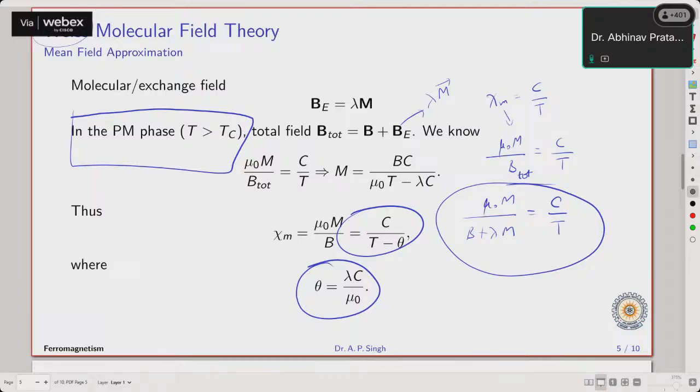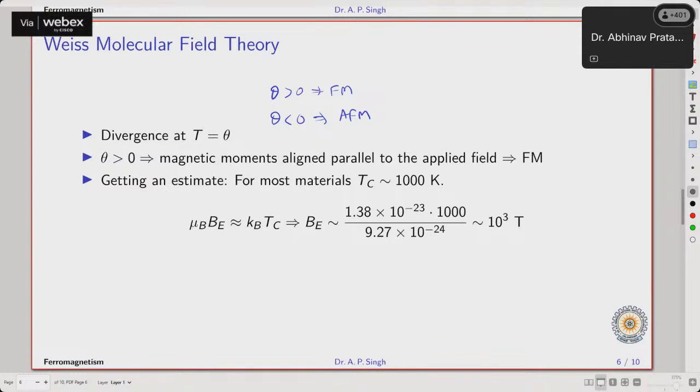So here what we can do is get an estimate of this value of BE. BE, if you remember, was this molecular field where we assume that we have our material which has some magnetization, and then there is an internal field, which we called BE, the exchange field, which was again proportional to this value of M. So what is the order of magnitude of this value of BE?